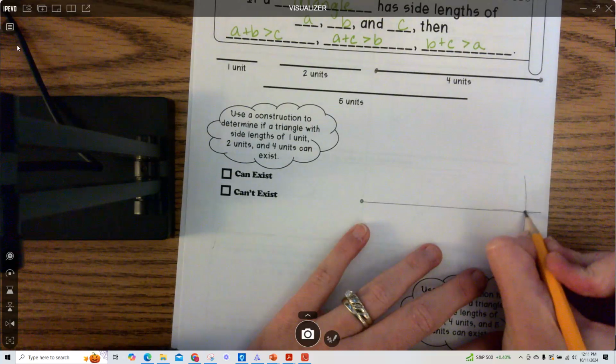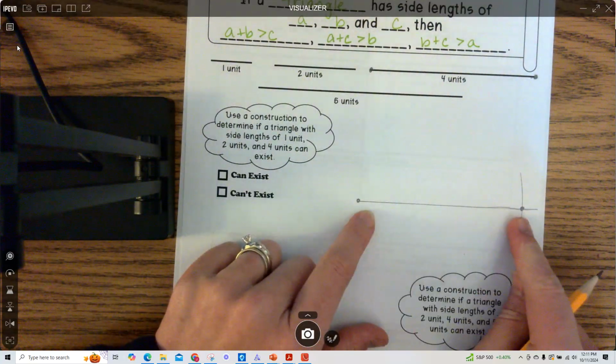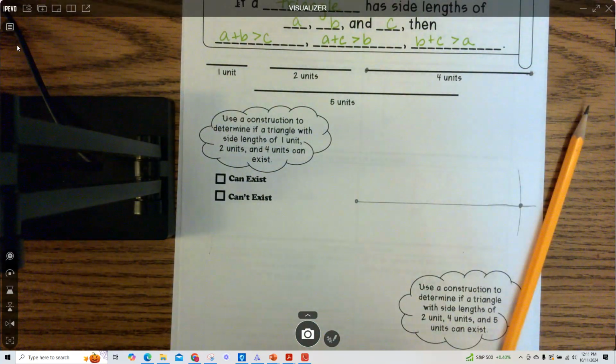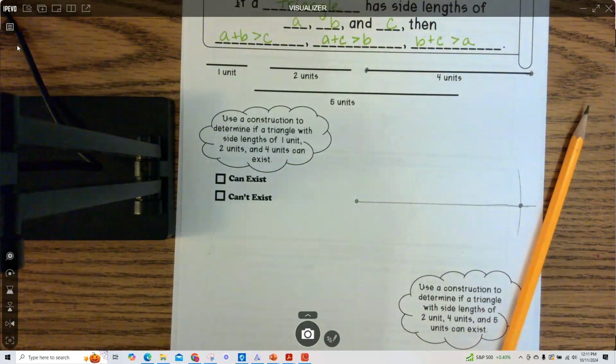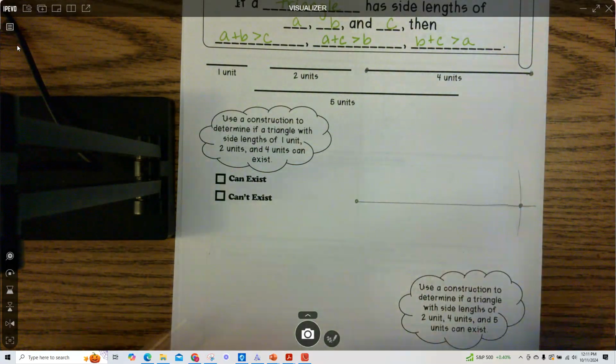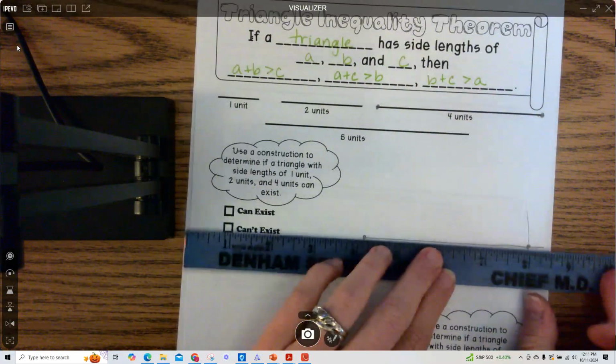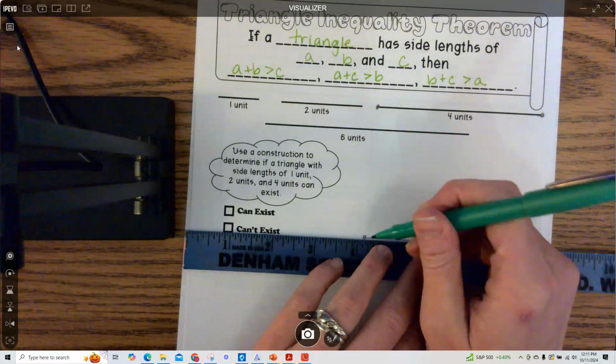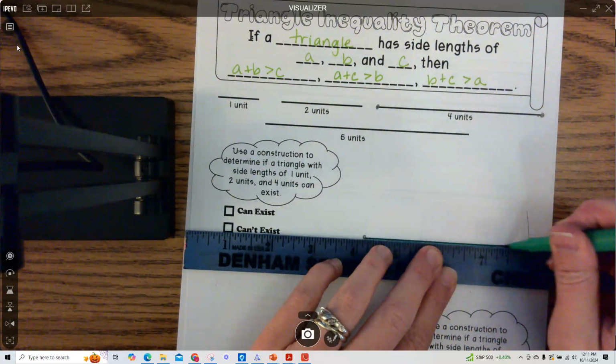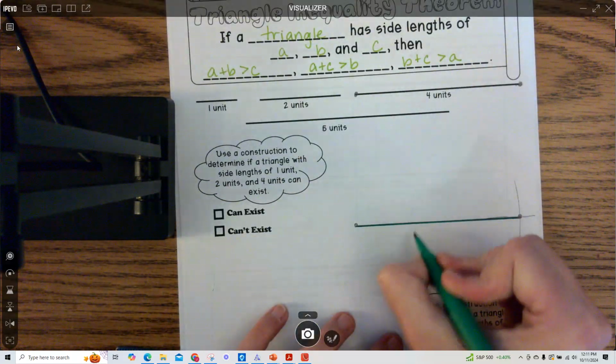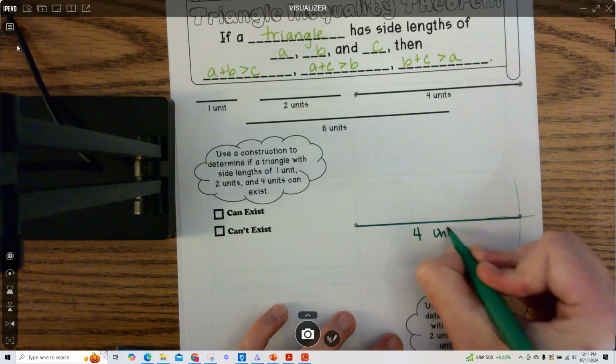And where they cross, the distance between those two, that's 4 units. So if you want to go over it, you can. But that line is 4 units.